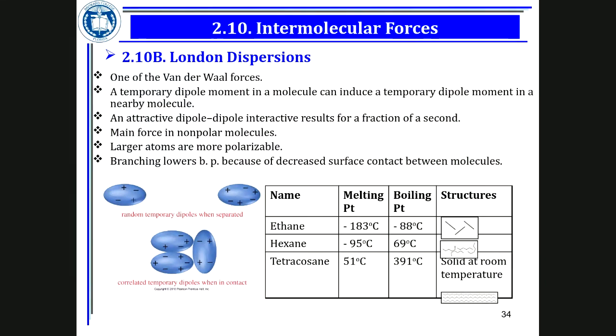Ethane is just 2 carbon, right? Very good. Ethane has only 2 carbon, and hexane has 6 carbon.